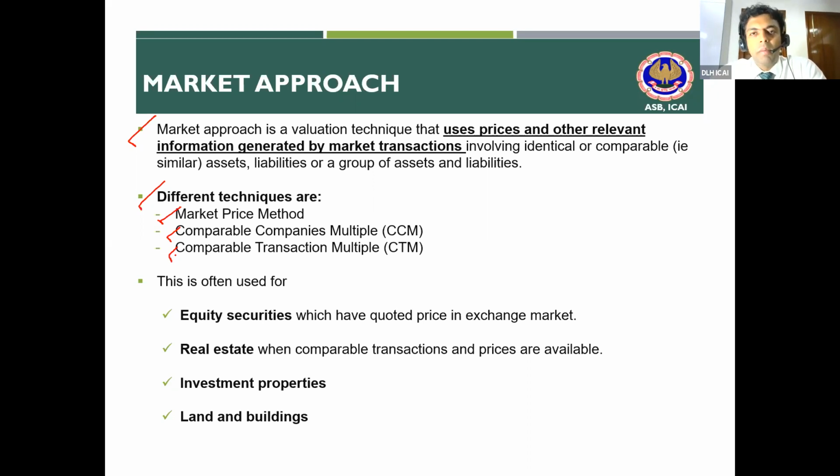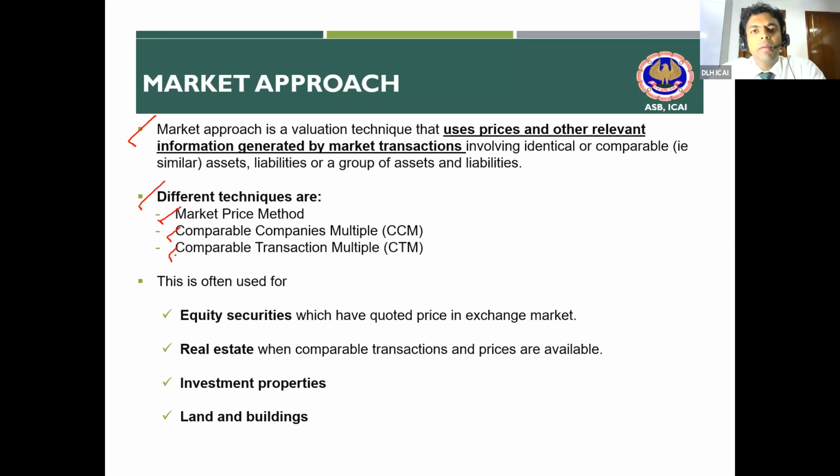Comparable companies multiple. So it is a benchmarking analysis. That means in a particular geography, in a particular space, in a particular industry, what is a comparable companies multiple? For example, EBITDA of an IT company, right?